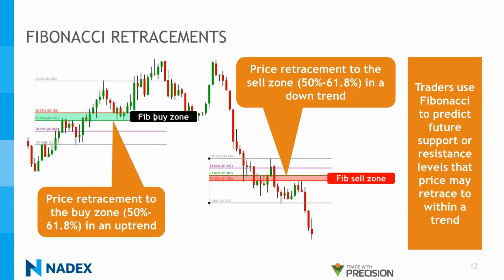As you can see on these charts, I've got the fib buy zone and the fib sell zone identified by the green and the red arrows, and this is the correct pullback structure from this swing low to this swing high. Then we do a 50 to 62% retracement into that sweet spot, and that's where we're looking for our setup for the next move. That's why you get these stair-stepped patterns in many of these price action trends.